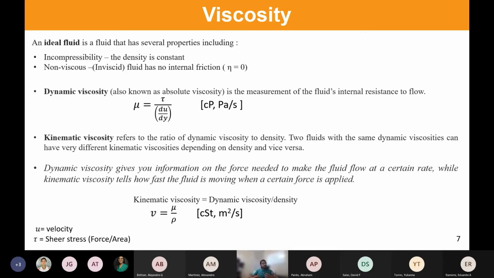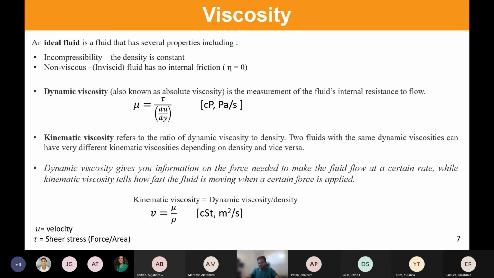Dynamic viscosity is important when you need to know how much force you need to apply to make a liquid move. For example, let's say you want to figure out how much force you need to keep a fluid moving at a certain rate, let's say 1 meter per second.